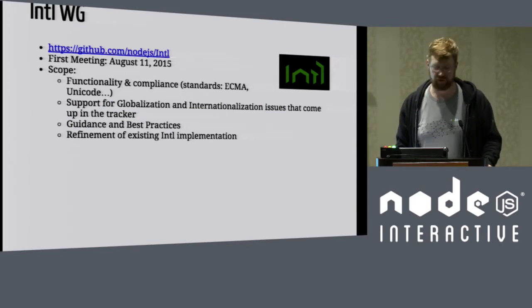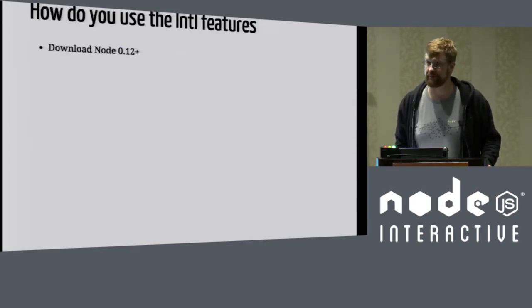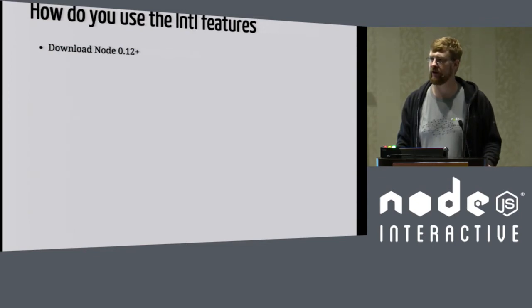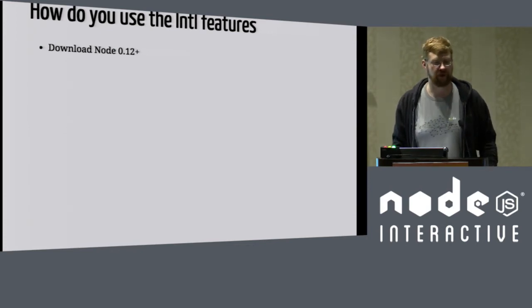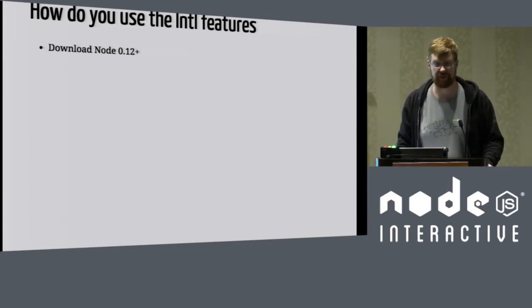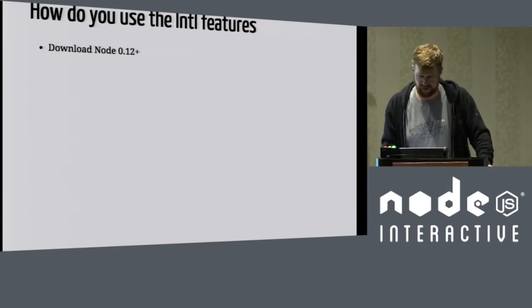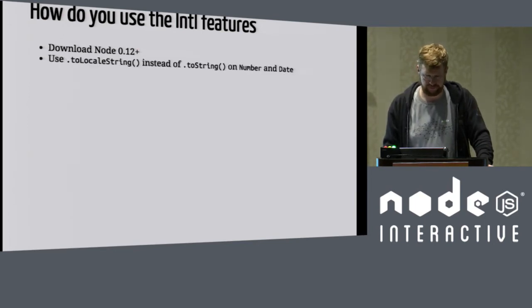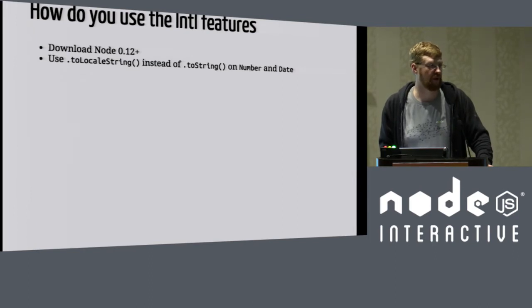So how do you get started using the Node international support? Well, first, download Node 0.12 or later. Of course, you'd probably want to use the 4.2 LTS, or perhaps 5 if you want some of the bleeding edge latest features. Use toLocaleString instead of toString on your numbers and dates.